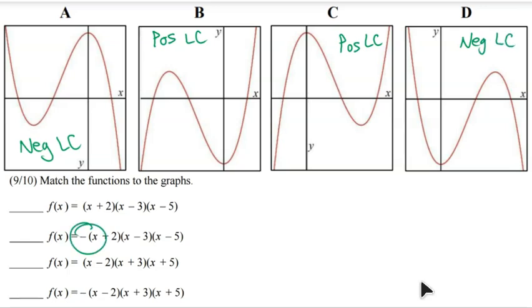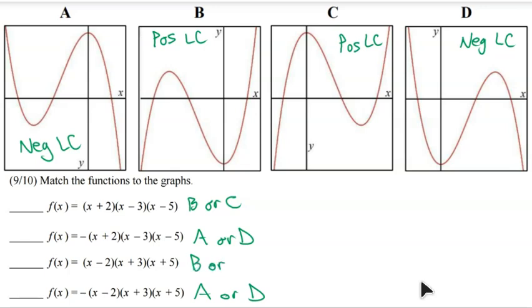And that means that this one that has a negative lead coefficient, it must be either A or D, okay? And this one down here with a negative lead coefficient, that has to be A or D also. This one has a positive lead coefficient, so this one must be B or C. And this one also has a positive lead coefficient, so it must be B or C, okay?